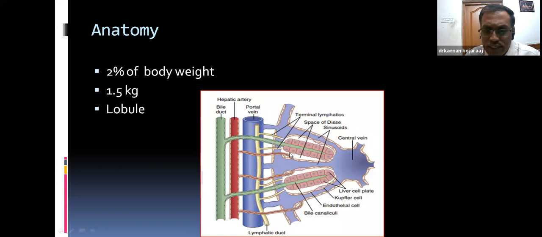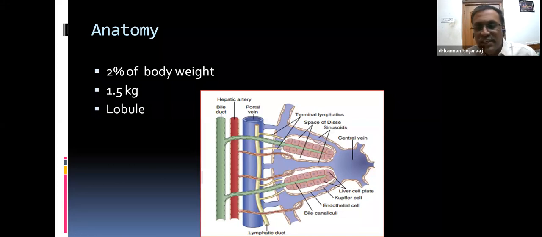The sinusoids connect to this lymphatic system, and that is draining. So whatever excess fluid is here is drained into the lymphatic system. The liver has an abundant supply of blood flow. So this is the lobular anatomy of the liver, that you have to understand.